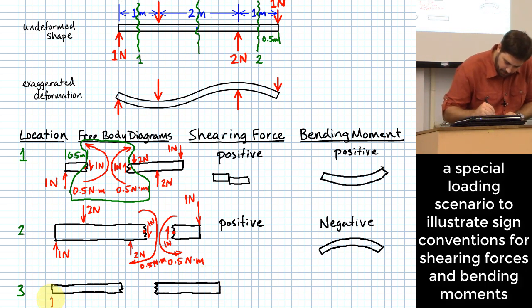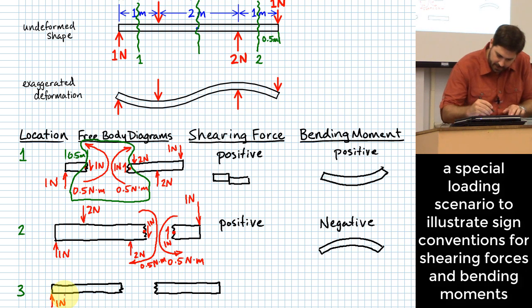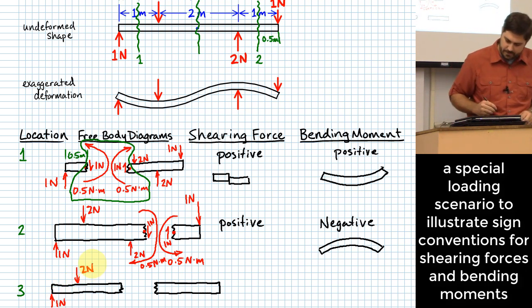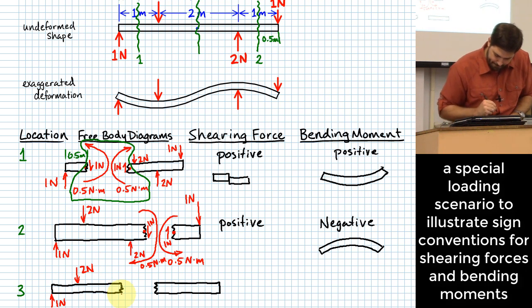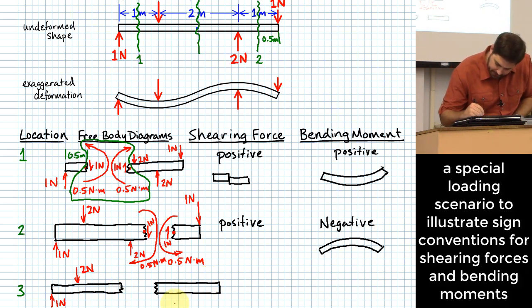Okay, I have 1 Newton here. I've got 2 Newtons here. All right. I've got 2 Newtons here, and I've got 1 Newton here.